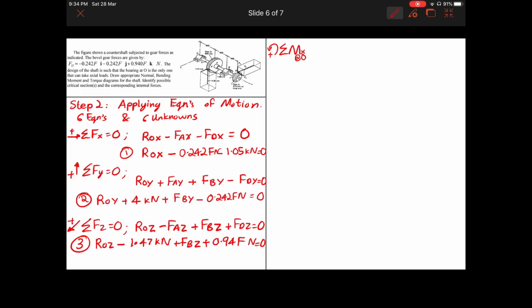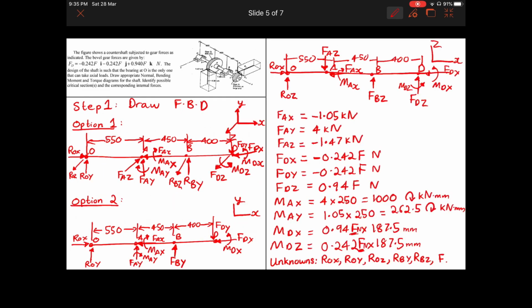This is at O. Summation of moment in x direction equals 0. So if you do this, we can find that the equation would be minus MAX plus MDX is equal to 0.